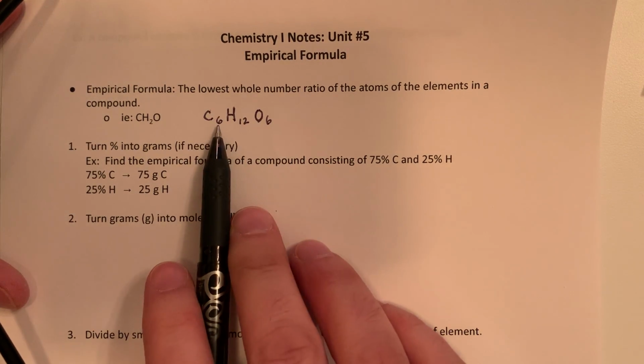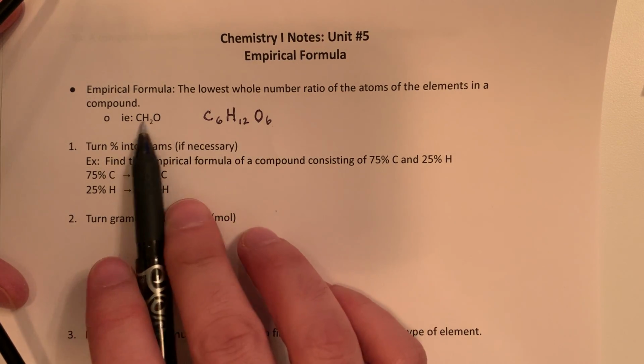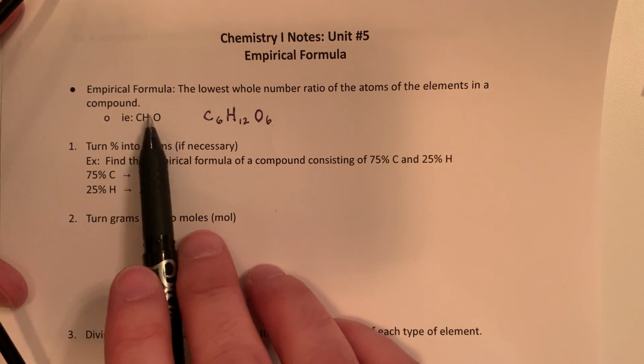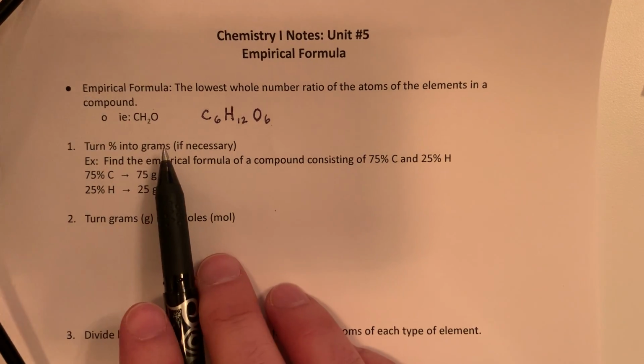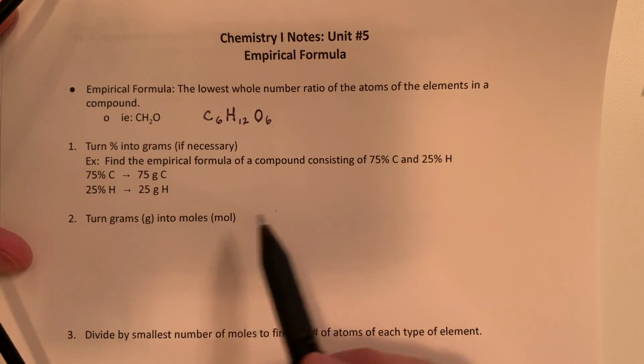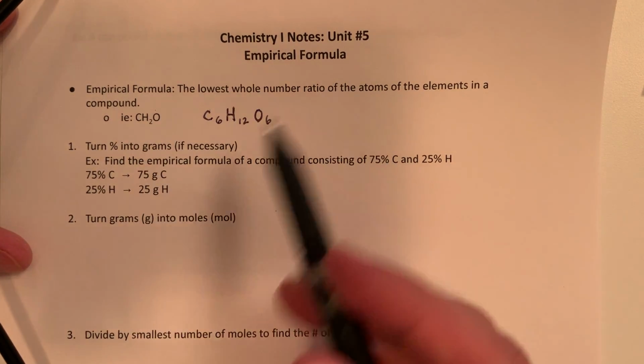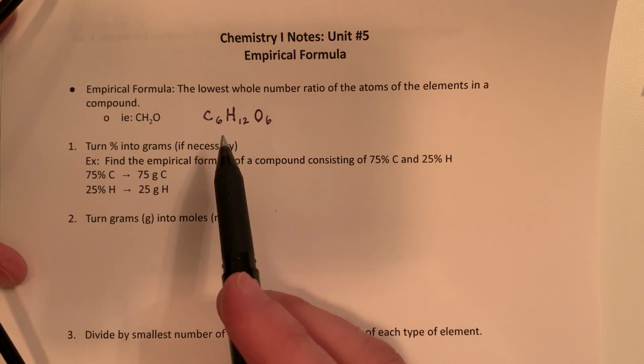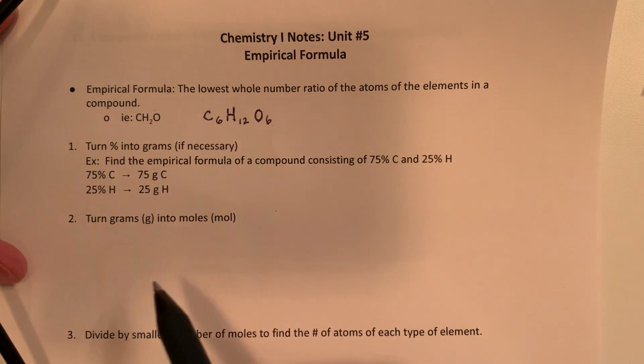So this would be like the molecular formula, but see how those can be reduced? It can be divided by 6 and turned into this. So this would be the empirical formula, the lowest whole number ratio. Now, sometimes the molecular formula is the empirical formula, like water, H2O. That's already reduced as much as it can be, okay?